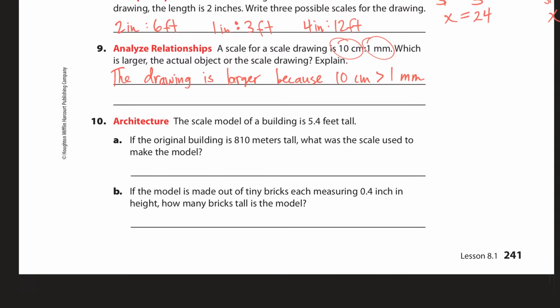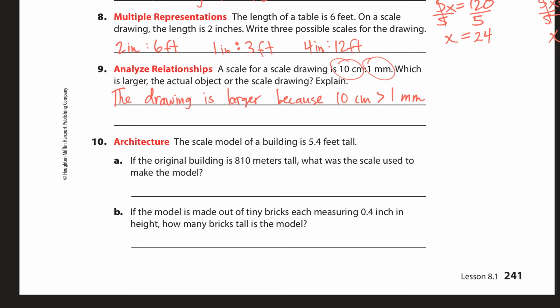Okay. And then here we have the scale model of a building is 5.4 feet tall. If the original building is 810 meters tall, what is the scale used to make the model? Well, we have 5.4 feet and 810 meters.